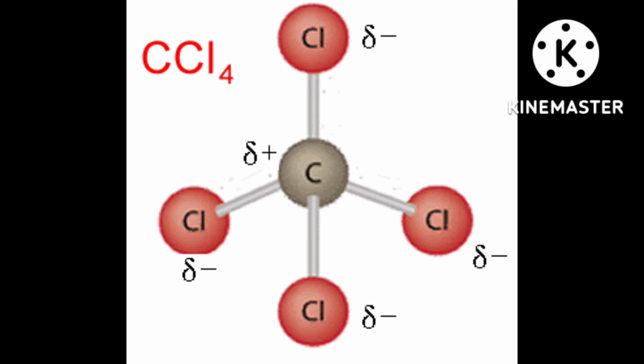NF3, actually I will send some diagrams, you can see, no problem. NF3 is the second example. Here the dipole moment is very less, 0.23, and the geometry is again the same, trigonal pyramidal.